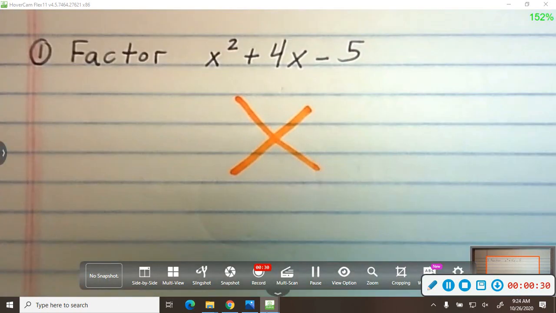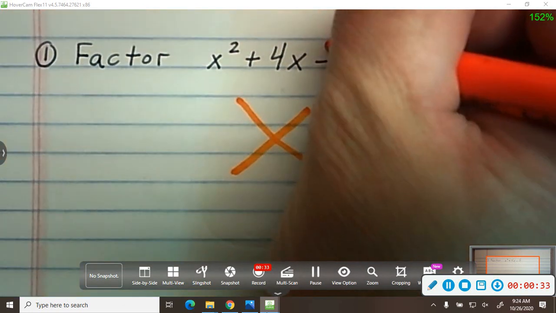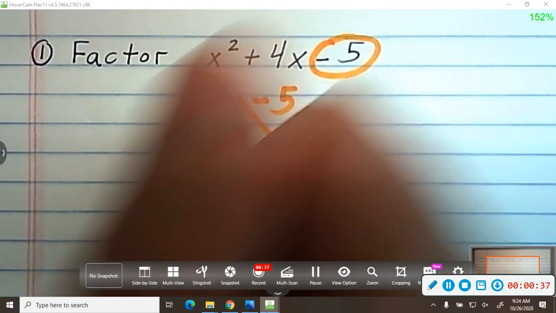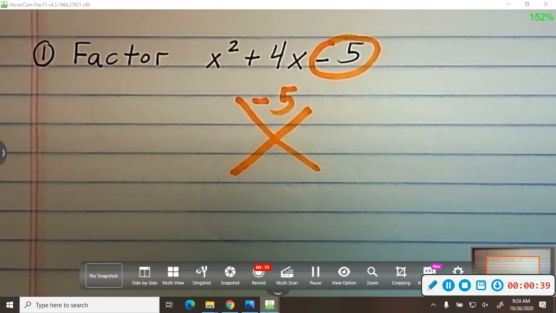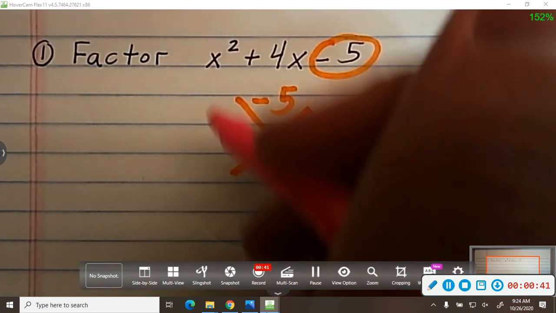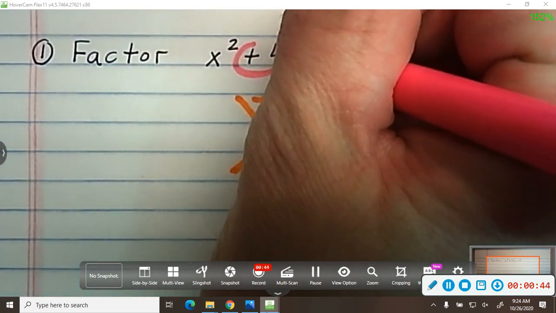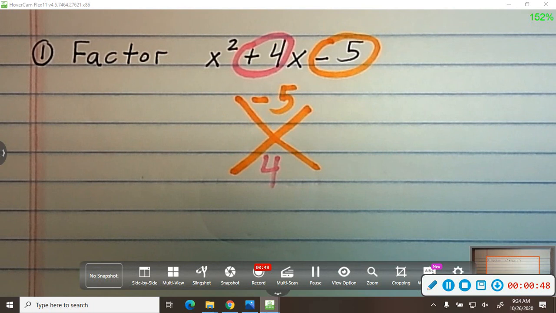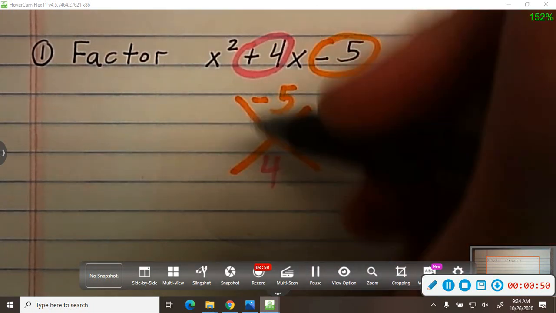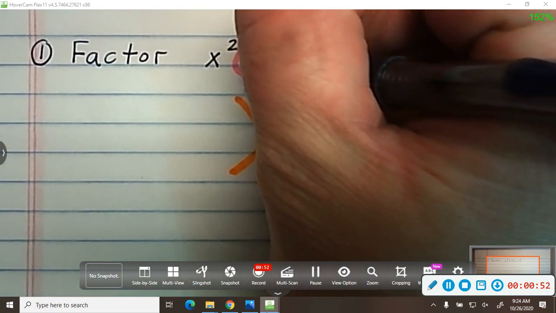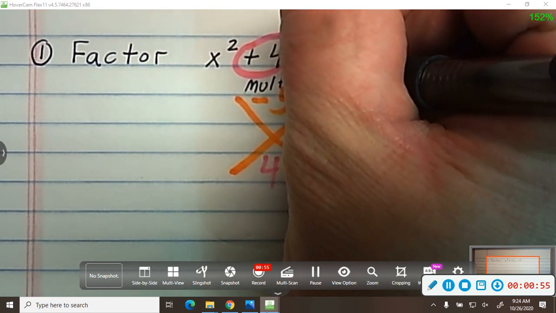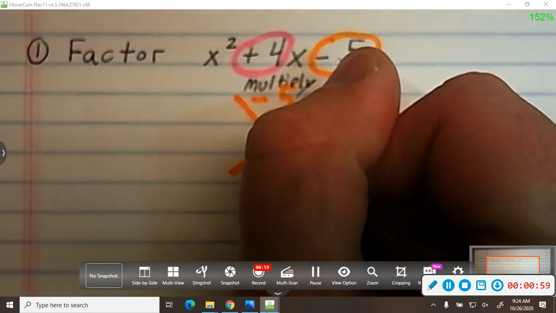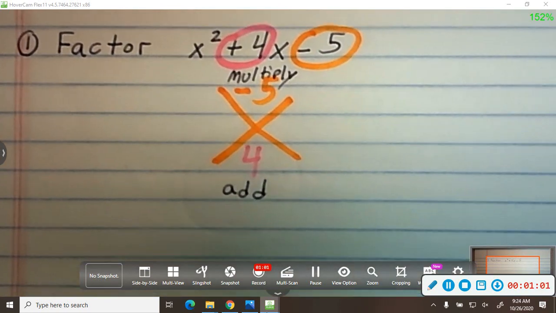x, and you put the constant on top, and then you put the middle term on bottom, and what you're trying to find is 2 numbers that multiply to -5 but add to a 4.